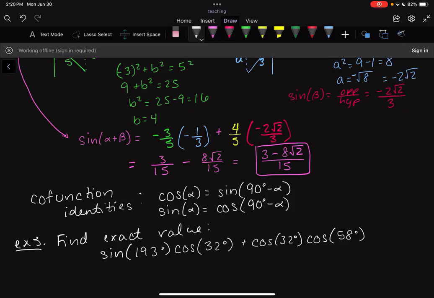Did I write this correctly? Give me just a second. I want to make sure I write it the right way because sometimes these can be kind of weird. I think I need to change one of these. Hold on, give me just a second.